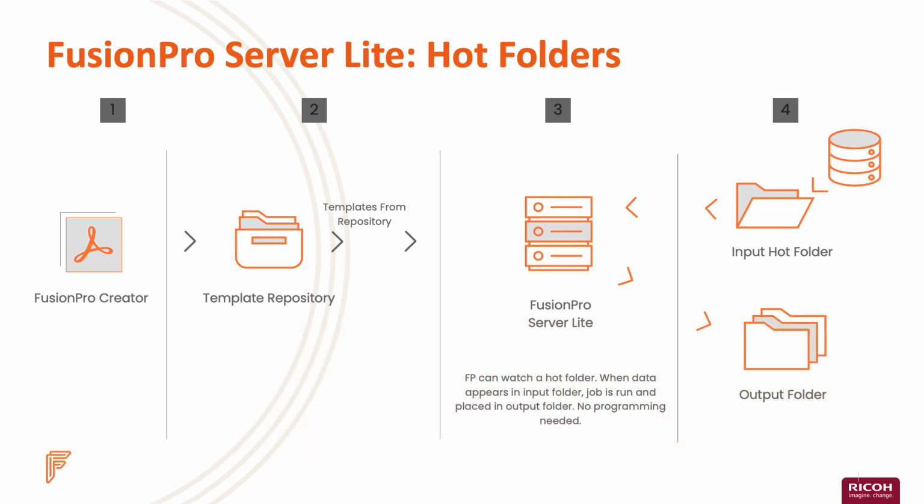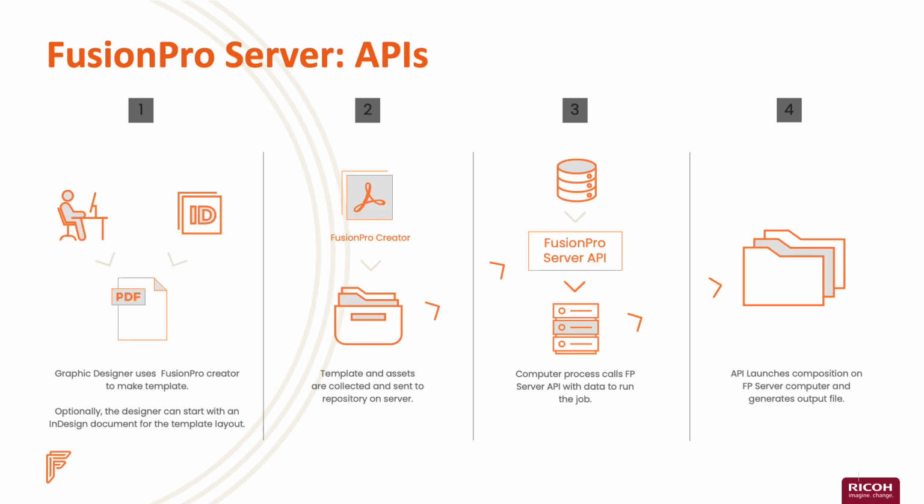Now we have other customers that have more complicated needs. Let's say that you want a copy of the document that we just showed. So you might be able to go online, and if there's a repository there, great. But with FusionPro Server, you can actually have an API workflow.